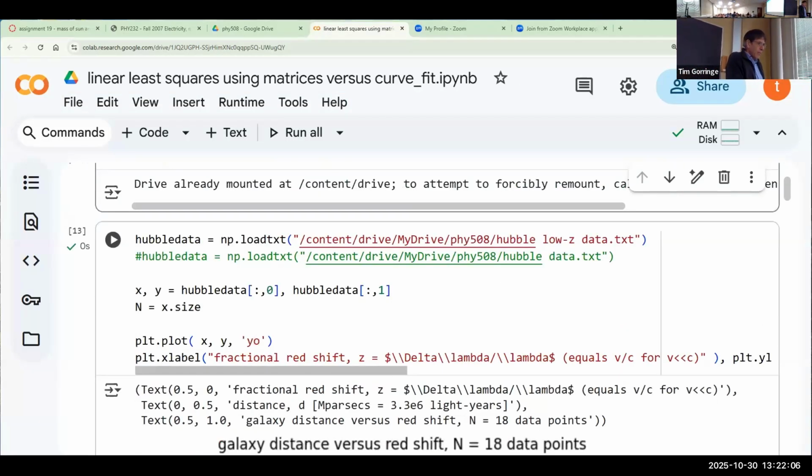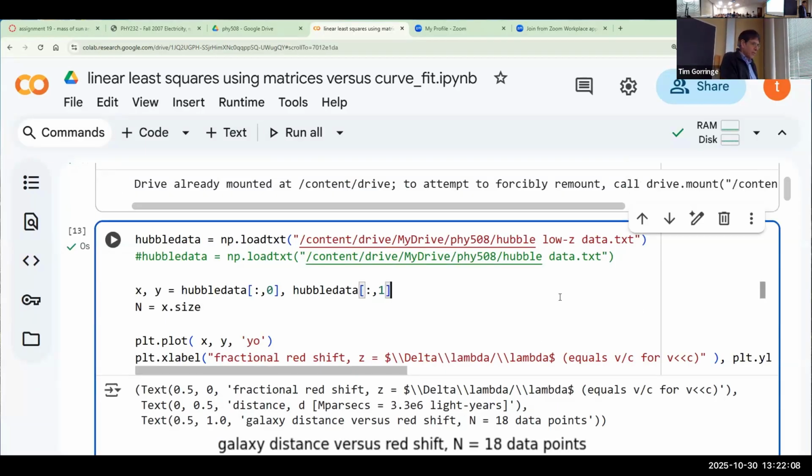Second cell, I'm just grabbing the data and I'm going to plot it so we can take a look at it. I have two files on my drive. One is the Cepheid variable data, in a file called Hubble low Z data. Remember Z is the fractional redshift, and it's a proxy for the recession velocity of the galaxies.